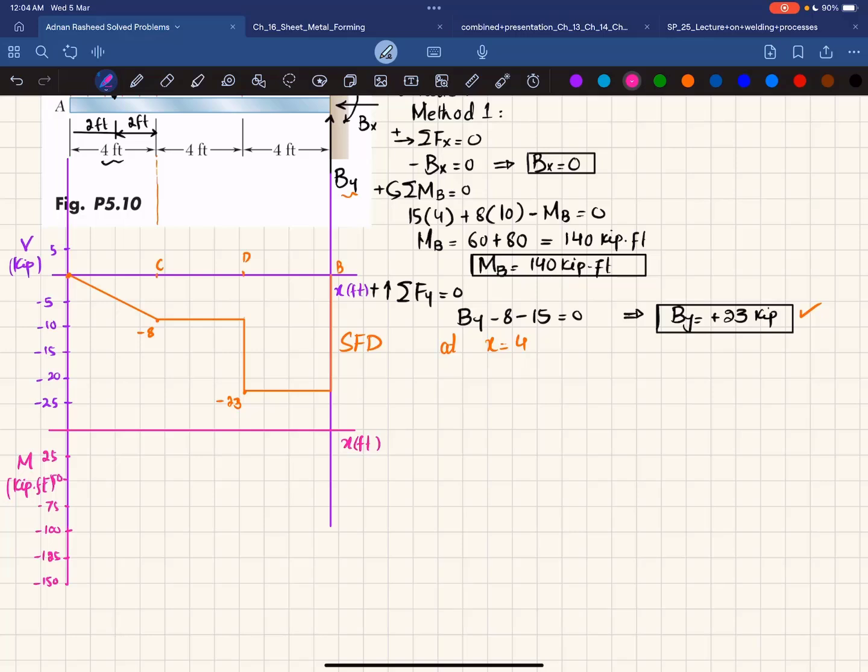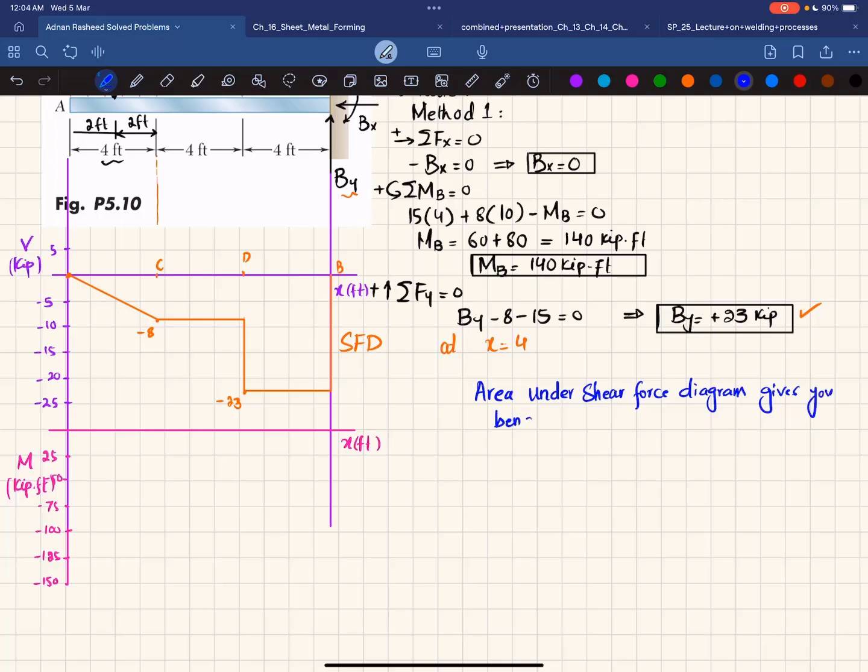Okay. Now what we will do is that you can see that area under shear force diagram gives you bending moment.